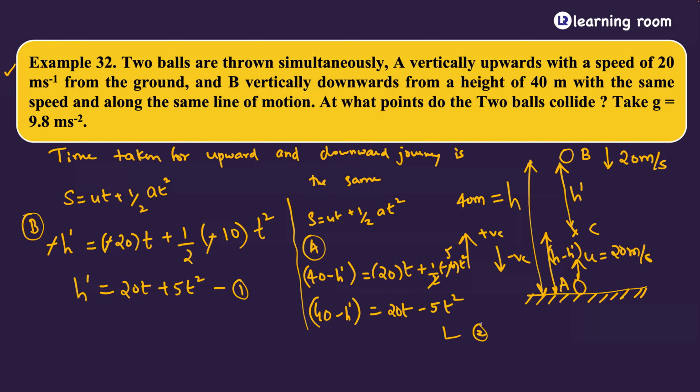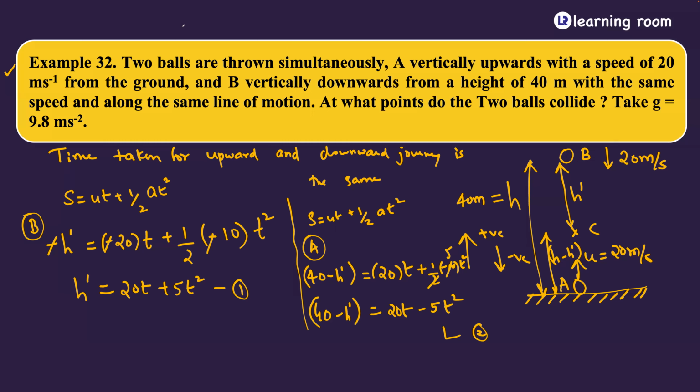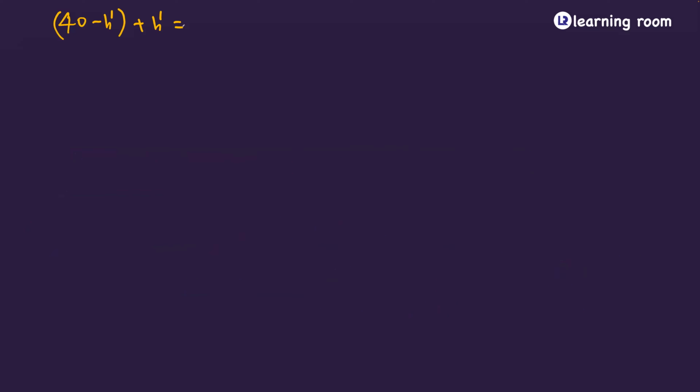Now tell me one thing. If I want to eliminate that 5t square, what can I do? I can add these two equations. When I add, plus 5t square and minus 5t square will get cancelled. Right. So when I add it, observe: 40 minus h dash plus h dash is equal to 20t minus 5t square plus 20t plus 5t square.